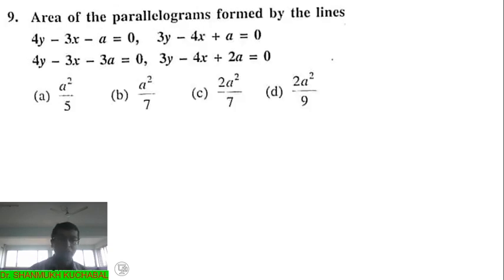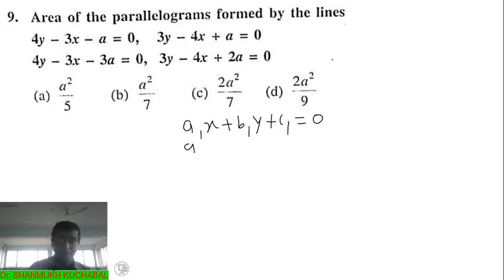Next question, area of the parallelogram formed by the lines. So we have 4 equations. For this I use one note. You have to remember this: a1x plus b1y plus c1 equal to 0.